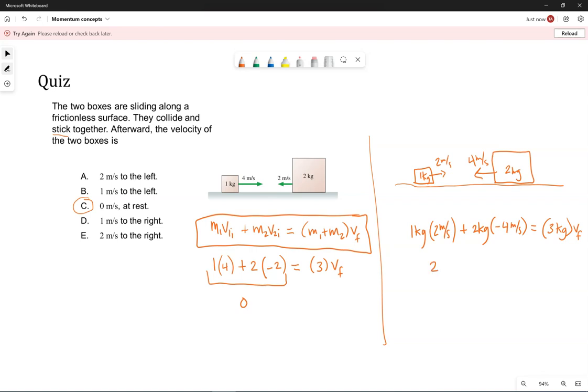So now this adds up. We've got 2 and minus 8 has to equal 3 V final. So negative 6, 3 V final.